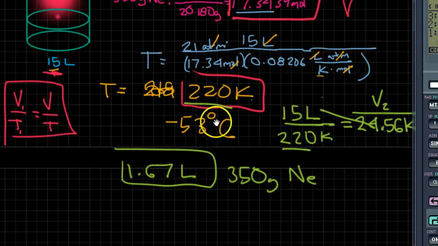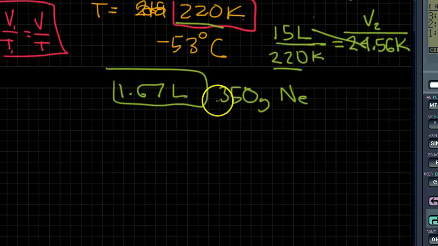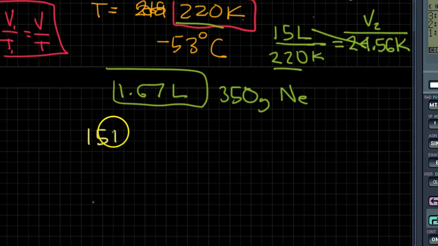So what am I asking then? I want to know what happens if I take this volume, the 15 liters that we started out with, divided by the temperature, which we said would be 220 K.